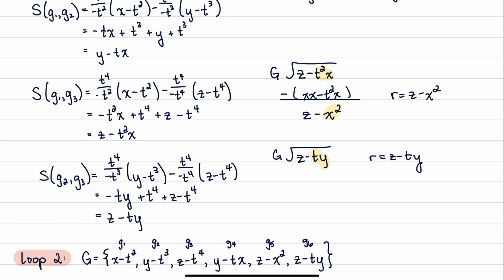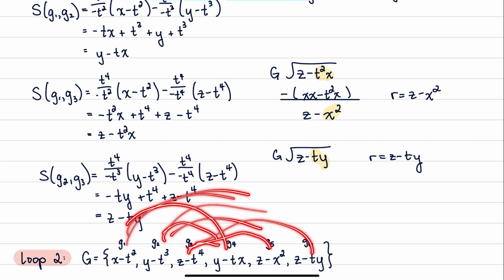And we're already guaranteed to have the remainder when we divide these 3 by G be 0, because we know that we get these things that are now in G. So we just have to check the new pairs. So we have to check G4 with each of these 3, and then G5 with each of these 3, and then G6 with each of these 3.